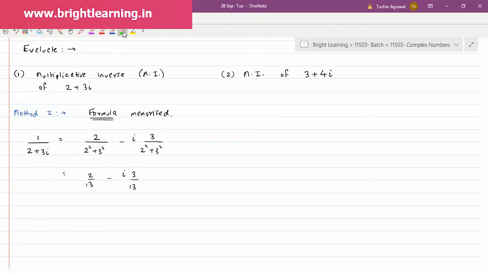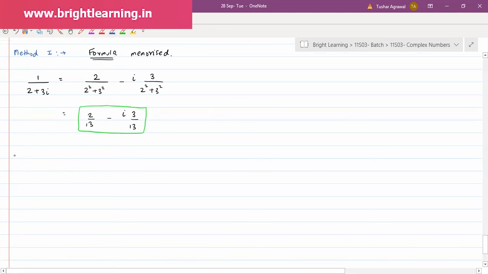This is one way, memorize it. The other way, which is actually the wrong method, but still we are interested in the answer. Method 2: wrong method, but it helps to find the answer.